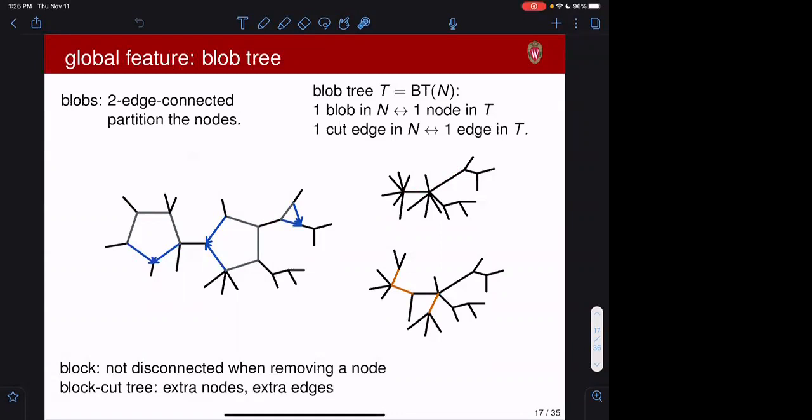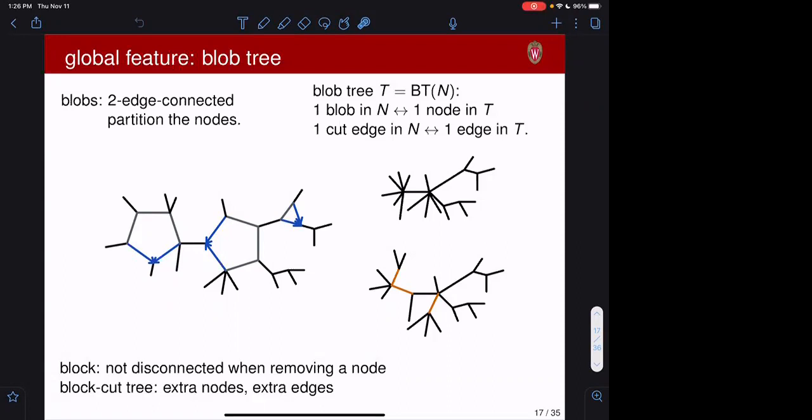We could also consider blocks. So these are the bi-connected components. It's looking at nodes disconnecting instead of disconnecting by removing edges, we would be removing nodes. And considering a block cut tree, which would have extra nodes, extra edges, so it's not just that it's nice, but if our network is binary, the blobs and the blocks are the same, and we get the same tree.